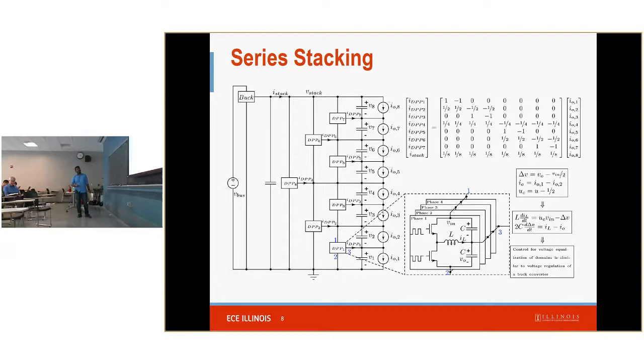Using that, the currents that the DPPs are going to have to process can be given by this. So for the 7 DPP converters, if all the core currents are balanced, then they are going to provide an average of 0 current, and only one of the converters in the total system is going to process the full power.